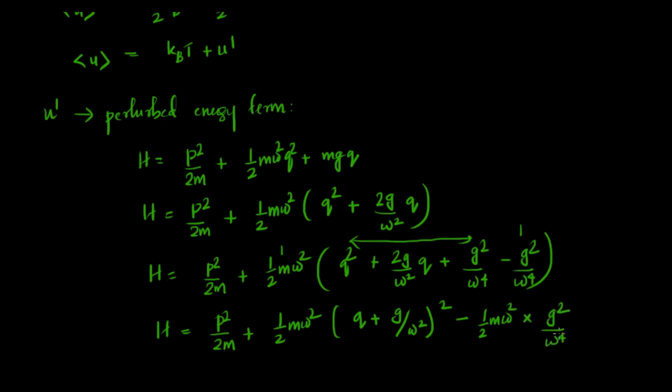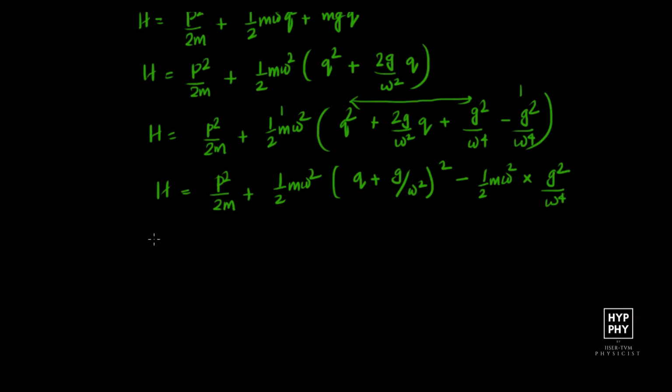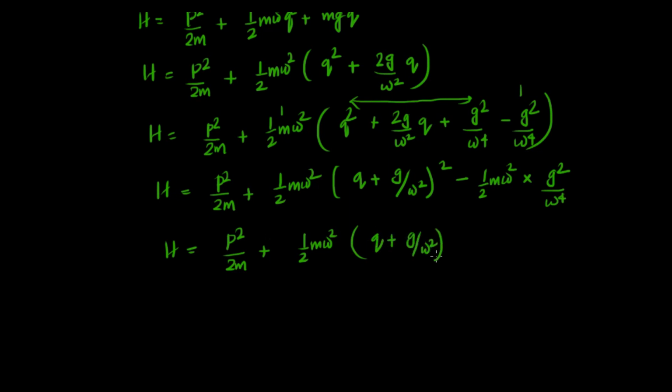So what we are left with is H equal to p square by 2m plus half m omega square times q plus g by omega square the whole square minus m g square by 2 omega square.